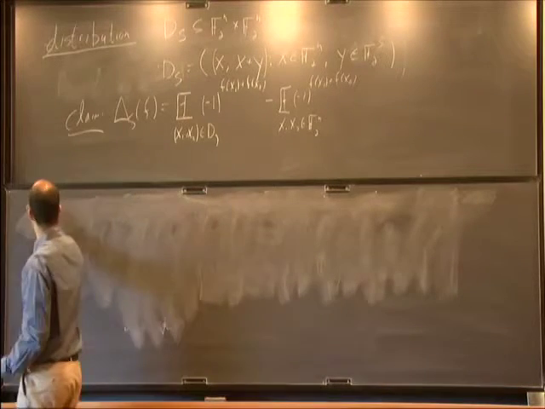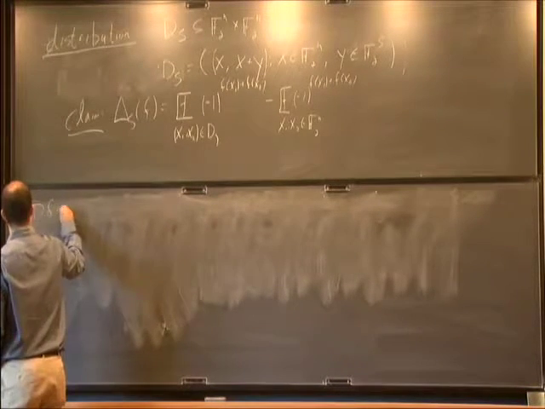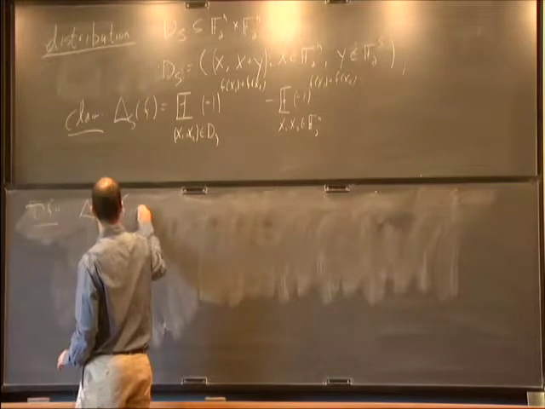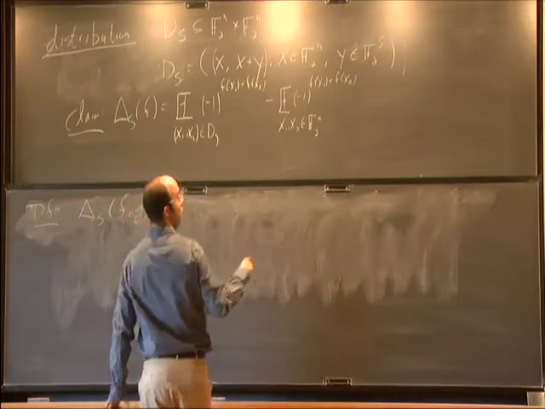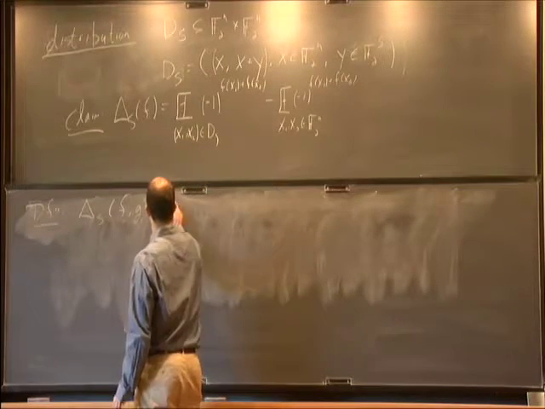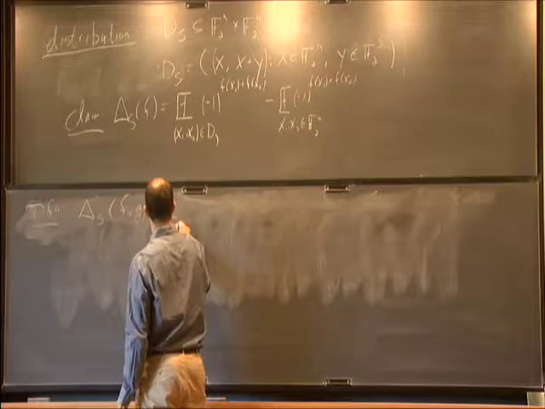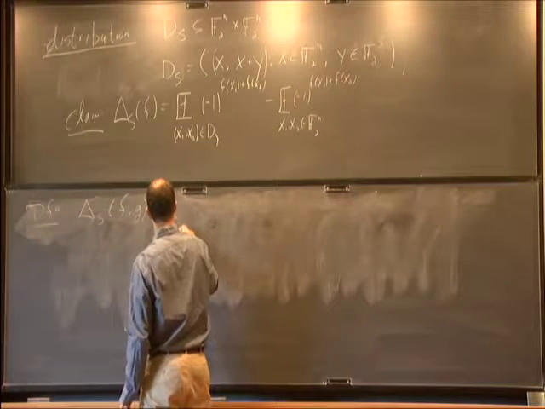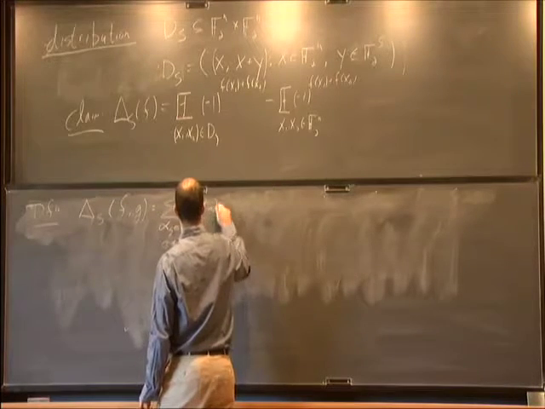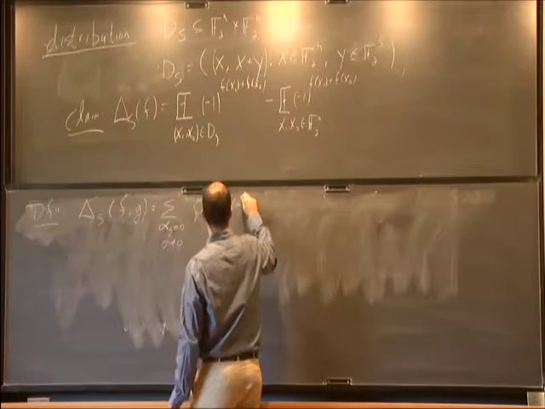So let's define a similar notion, delta S of f and g. Now you have two polynomials. I'll use this definition, but you can also use this one. They're the same: the sum of all the Fourier coefficients alpha where alpha restricted to S is 0 and alpha is not 0, of f hat alpha times g hat alpha.